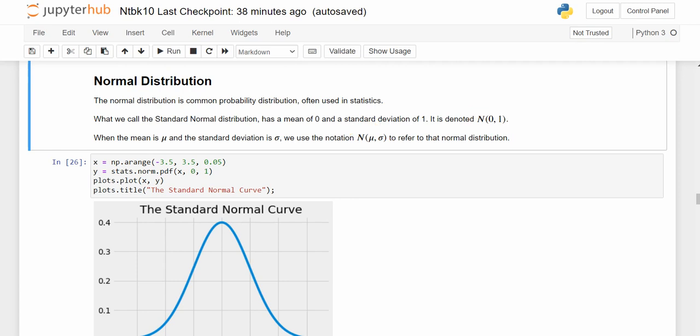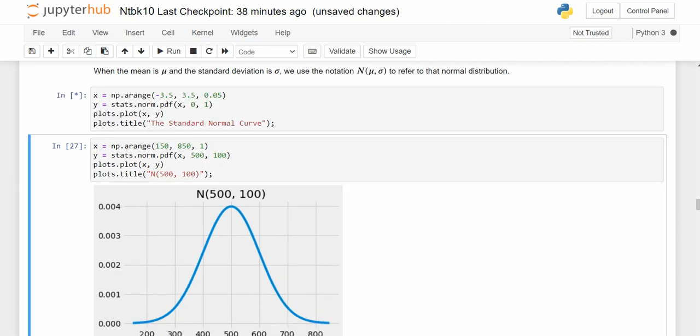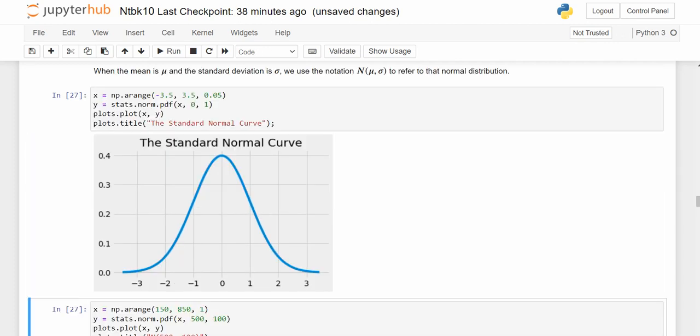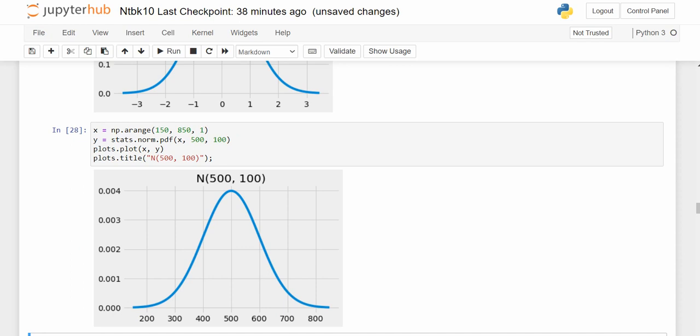Okay, so we can graph it. This is the standard normal. Notice that it is centered at 0, and it has a standard deviation of 1. Here is a normal distribution like might be used for the SAT, where the average is 500 and the standard deviation is 100.